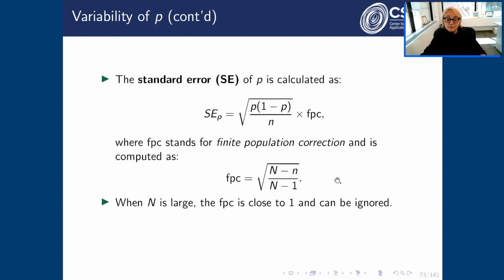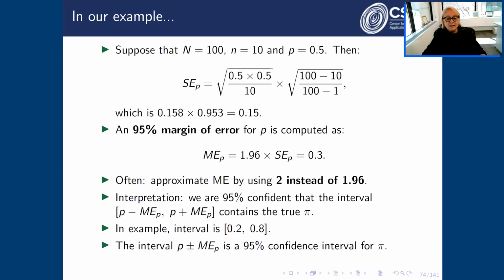In this particular example, we can compute the finite population correction factor. It is the population size, which is 100, minus the sample size, which is 10, divided by the population size minus 1. If you take the square root of that, it gets you 0.95.